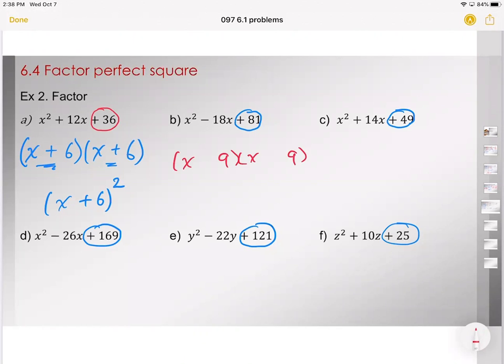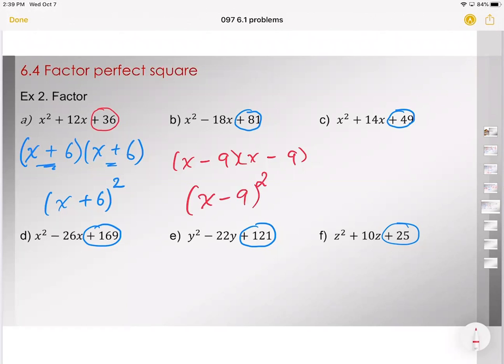And yes, it is. 9 times 9 is 81, but the only thing different is that because the middle term is negative, we put both of them negative. 9 times 9 is 81, negative 9 plus negative 9 is negative 18. And the only thing they tell us is we can be fancy and say x minus 9, x minus 9, or just x minus 9 squared. That's all they tell you in terms of 6.4, a special factoring item.